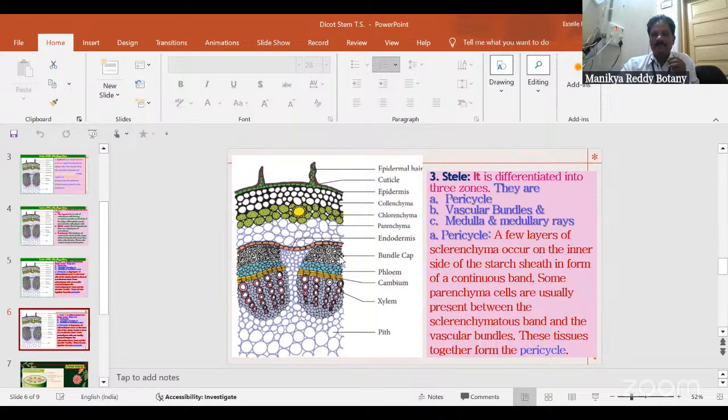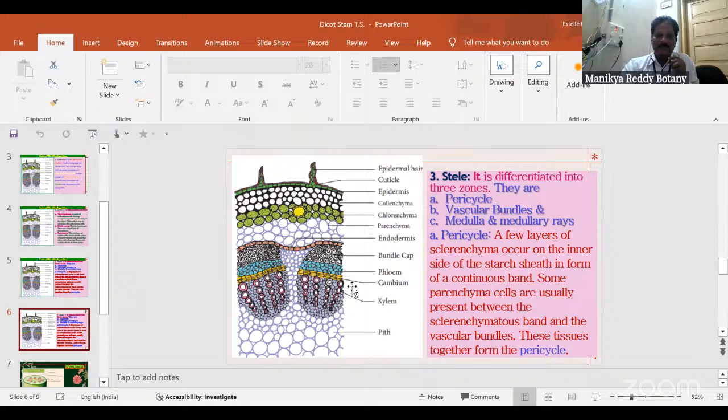Pericycle is made up of sclerenchyma. Sclerenchyma is a dead tissue. It provides mechanical support to the vascular bundle. This band-like structure appears like a cap. That's why it is called the bundle cap. Bundle cap is nothing but a part of the pericycle.